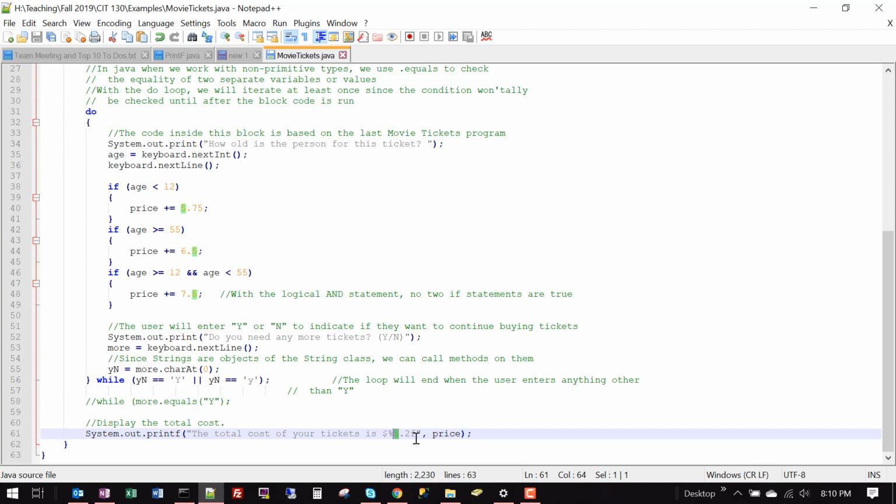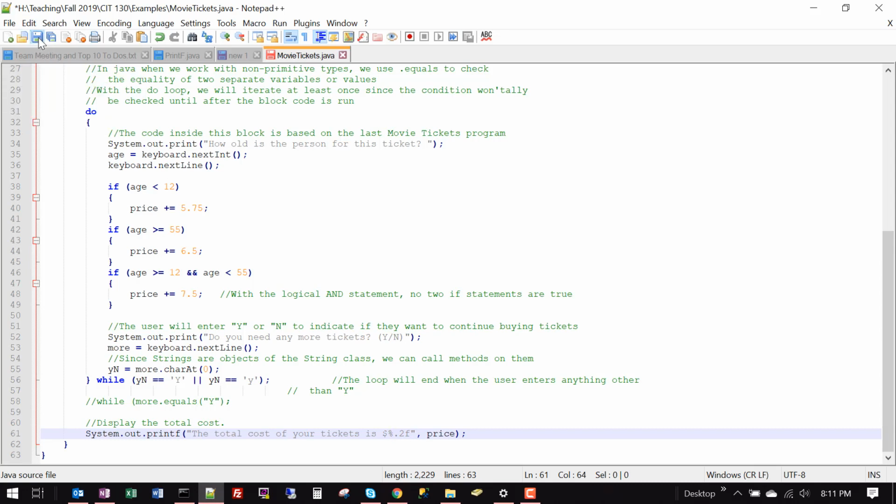So if we just want it to print nicely every time because we're not lining things up, we can just get rid of that width and have only the precision. Because what that'll do is it'll always butt the number up to the $ sign regardless of how wide it is.